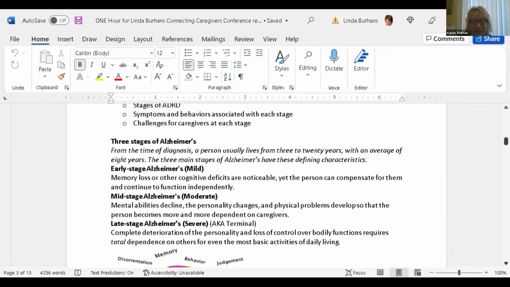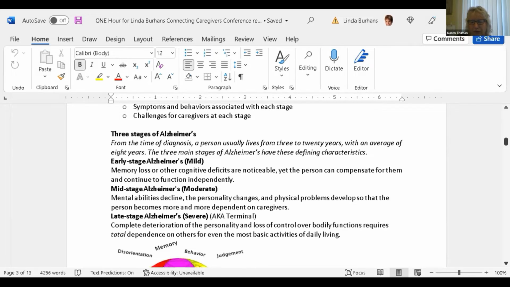And then the mid stages, the personality is starting to change. Maybe that person is getting a little bit more aggressive, maybe more violent, maybe more combative. There could be a lot of changes. There could be psychosis going on, hallucinations. There could be a lot of different things happening.